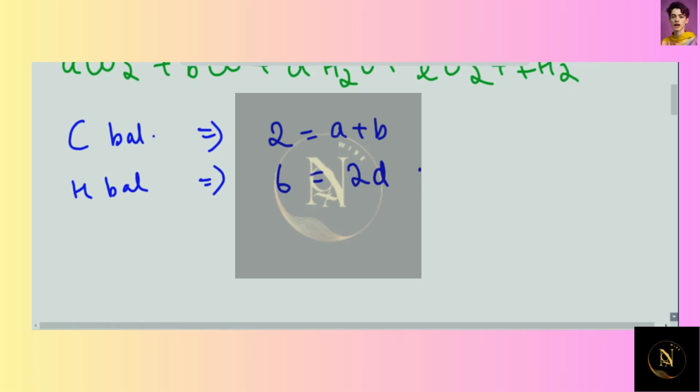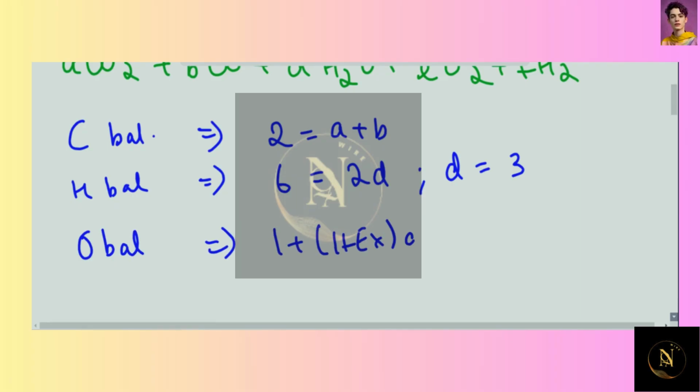So the carbon balance is 2 equals A plus B. Now hydrogen balance, 6 equals 2D, that gives you D equals 3. Now the oxygen balance, 1 plus x a_th into 2 equals 2A plus B plus D plus 2E.